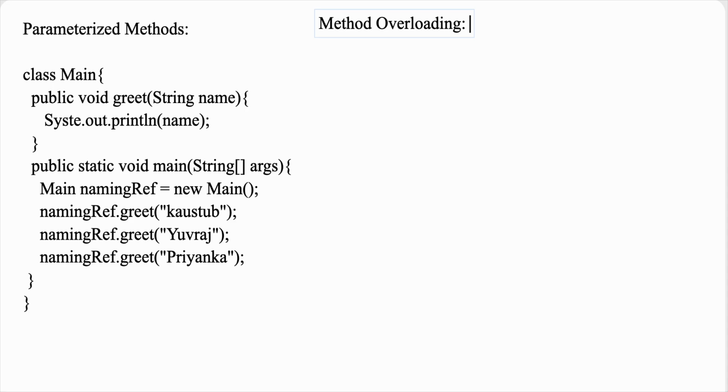Basically, method overloading means having multiple methods with the same name but different parameters.